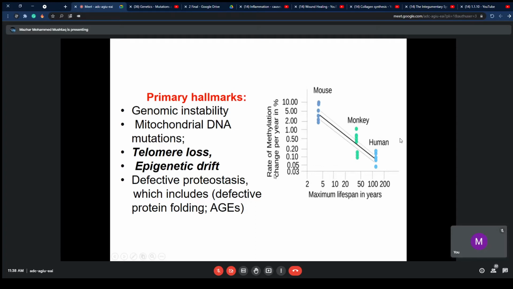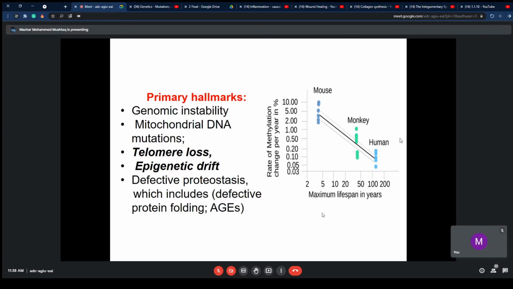So as methylation goes lesser and lesser, there is a loss of cellular expression, the physiological responses are lost, and so we go into the aging process.